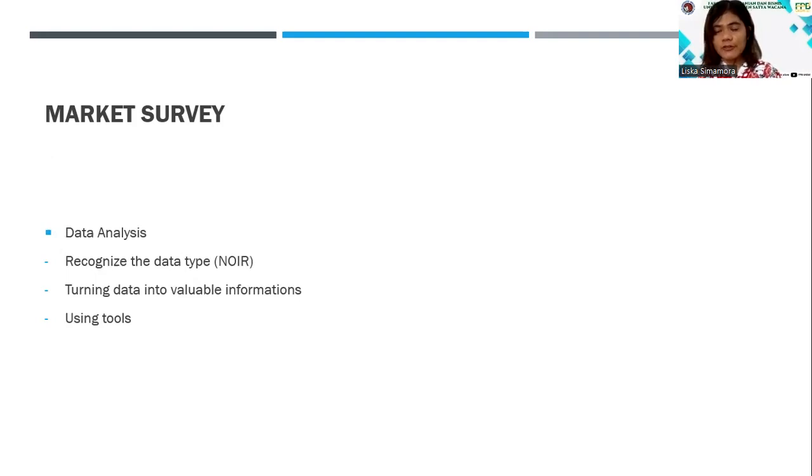If we apply a wrong method to analyze the data, we will get a wrong decision too. A wrong decision will bring us to another problem, while our first aim is to solve the problem. But because of a wrong analysis, we get another problem, right? So in this data analysis, you can use many tools.